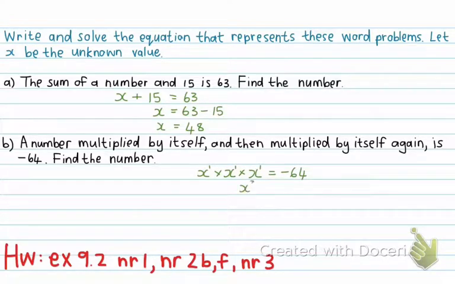So that's going to give me x to the power of 3. Keep the rest of your equation. Now I want to know, how can I get rid of that exponent of 3? I hope you all agree with me, but I have to take the cube root of negative 64. And if you're unsure, use your calculator, please. But the cube root of negative 64 is negative 4.